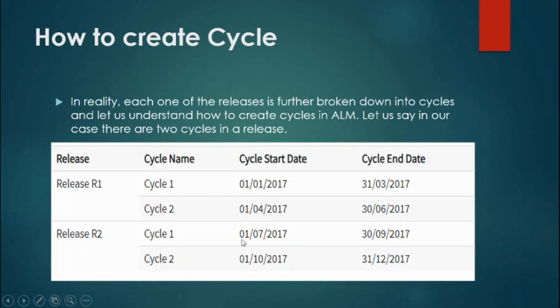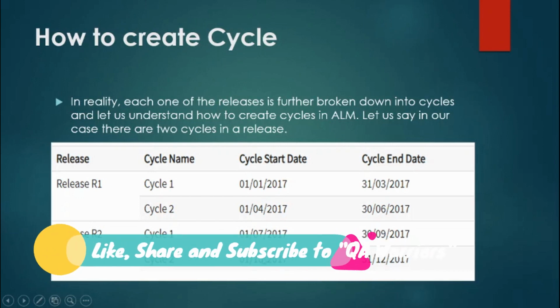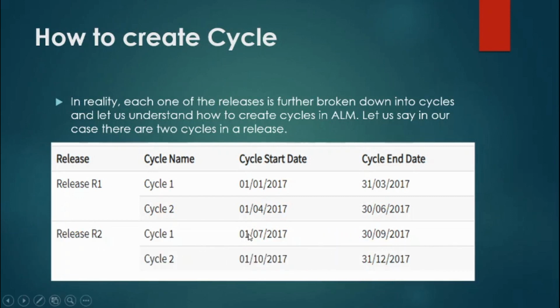Release 2 is starting from 1/7 till 31st/12. You can't have days before July, because the second release started on 1st of July and ends on 31st December. So you can't have dates before or after the start and end date.